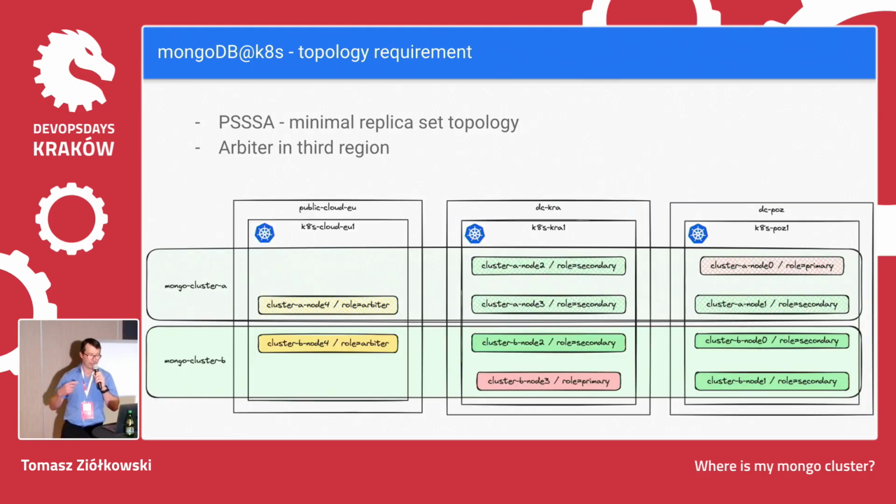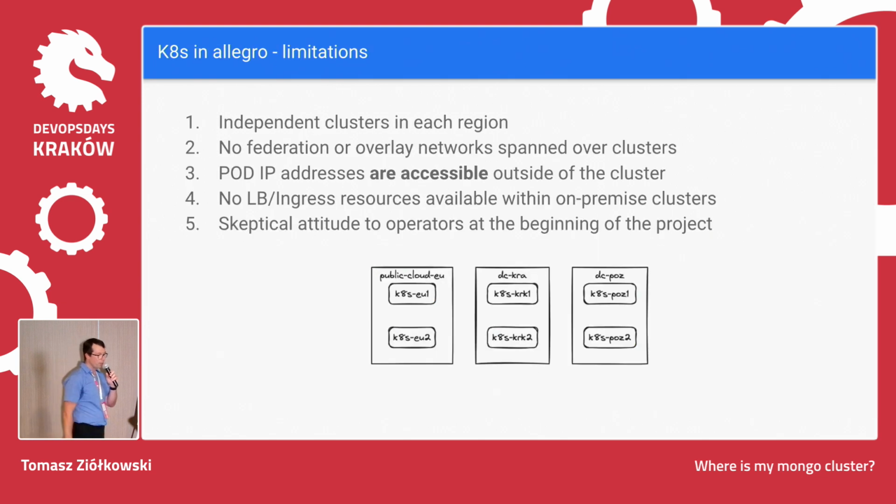So back to Mongo on Kubernetes, we would like to reflect our old bare metal topology on Kubernetes. To achieve that, we need to build some nodes on independent Kubernetes clusters that are located in independent regions. And some insights around our Kubernetes on-premise clusters.